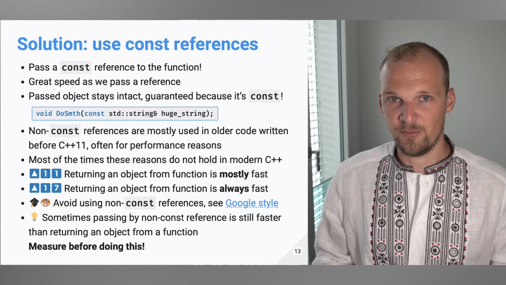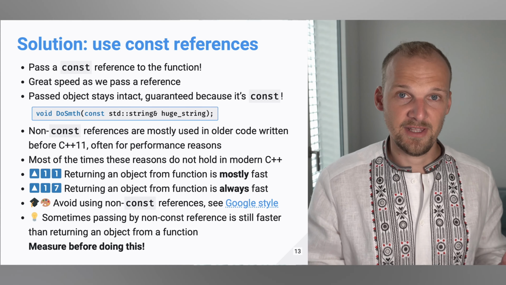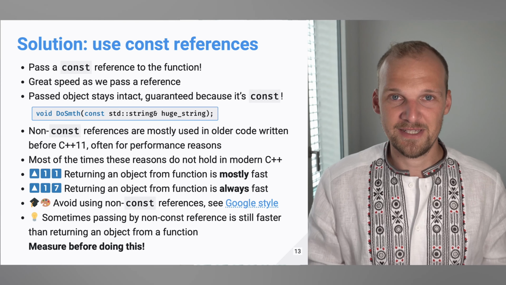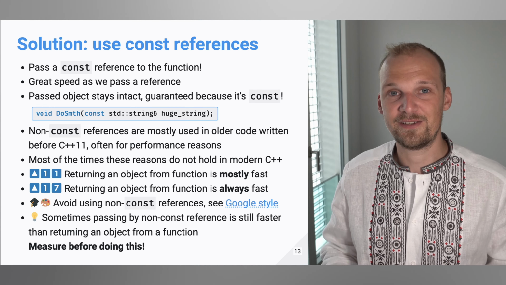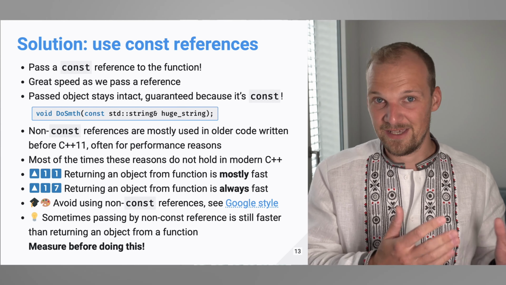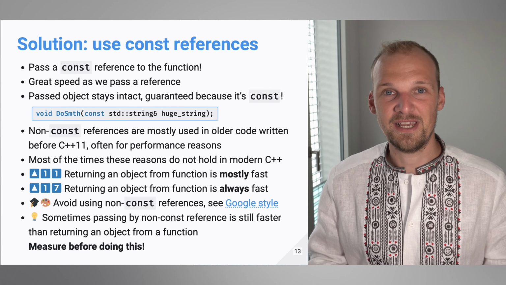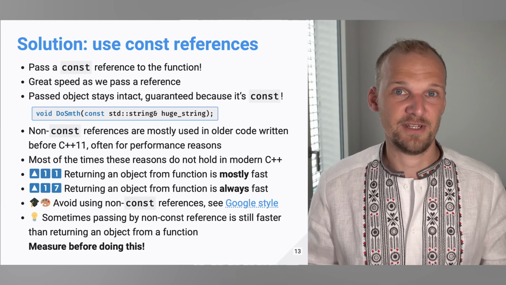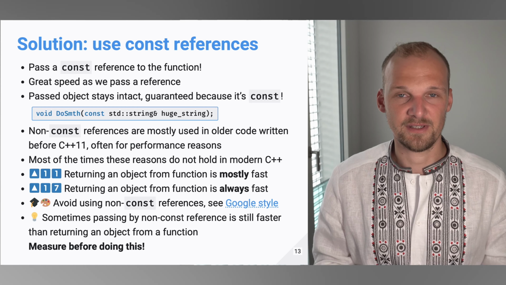But it's not the case anymore. In C++11 and up, this is mostly always fast, and in C++17, this is guaranteed to be fast. So generally, if you follow, say, Google-style recommendations, then you should not be using non-const references with your functions, and you should always be using const references.